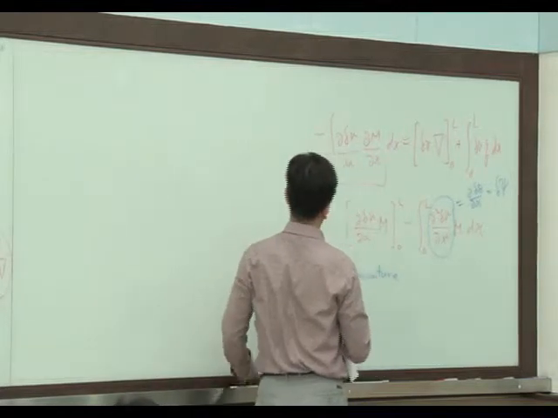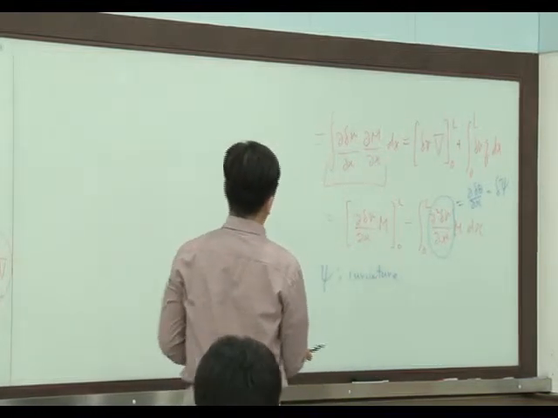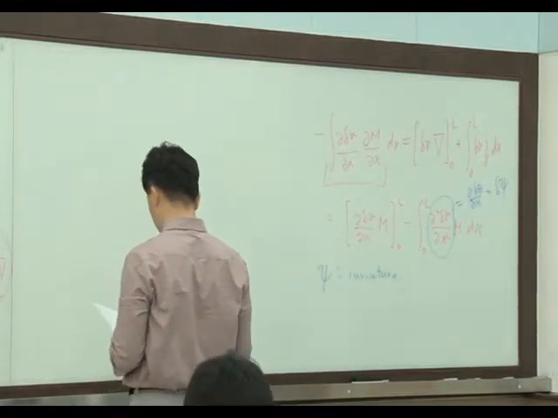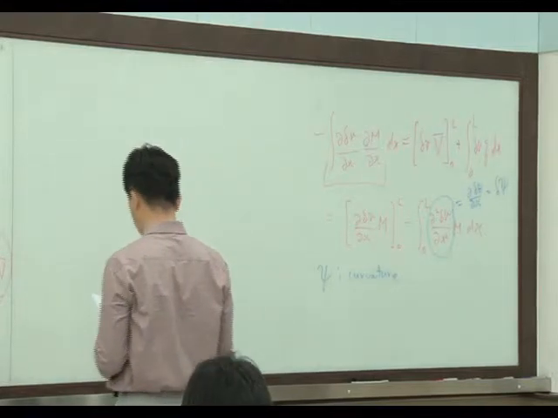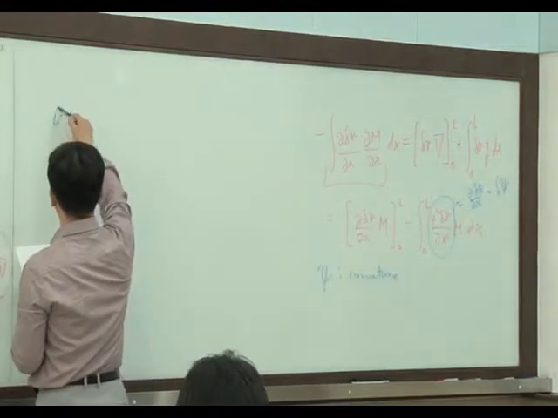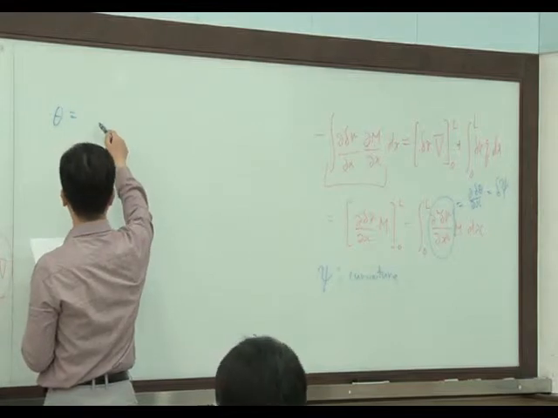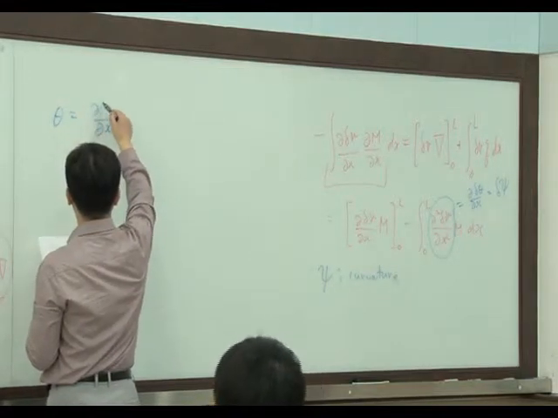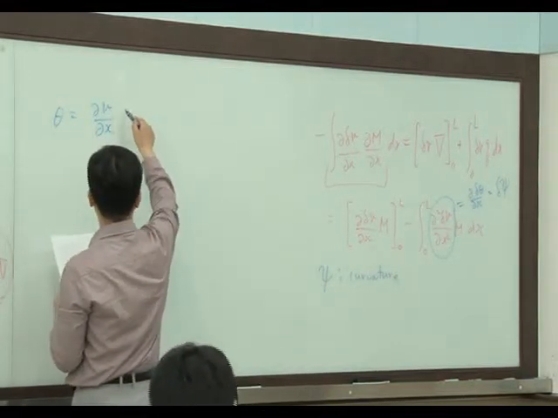Okay. So if I summarize, theta in Euler beam theory is a rotation.